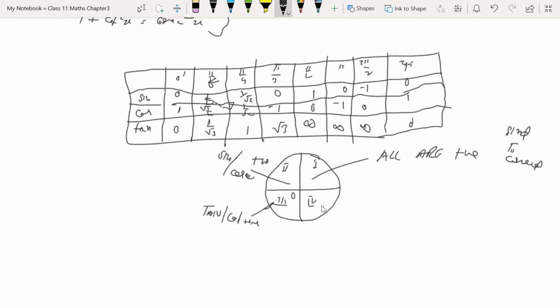And in the fourth quadrant, secant and cos are positive.